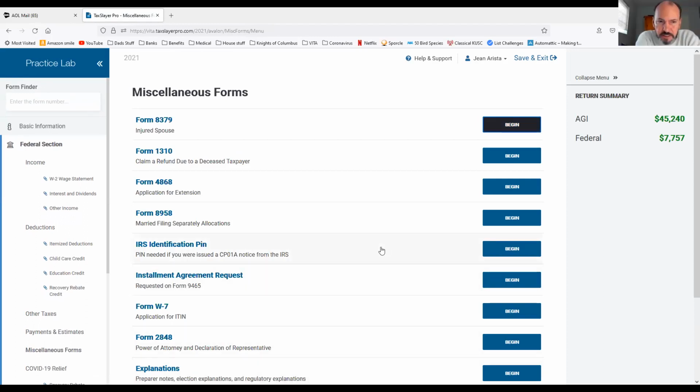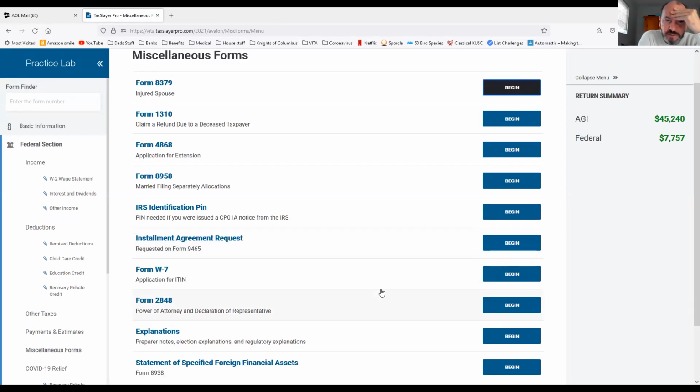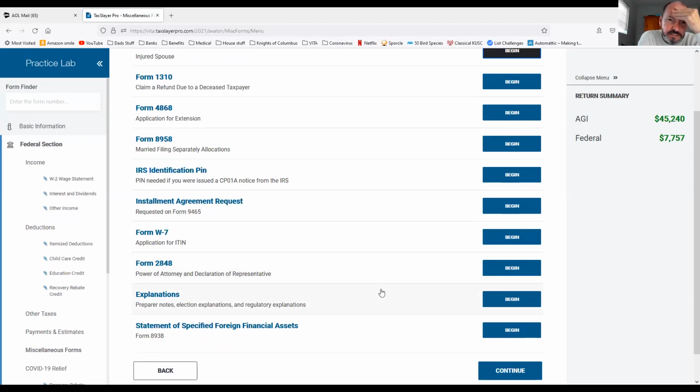All right, and then nothing that you need to concern yourself here. Again, if you have a decedent, we talked about this before, you'll fill out that form 1310. And Scott mentioned you don't have to upload the death certificate, and if the IRS asks for it, then of course the taxpayer, surviving spouse has it. This is more if you're filling out taxes for a relative who passed away. Yeah, and we had a great example.